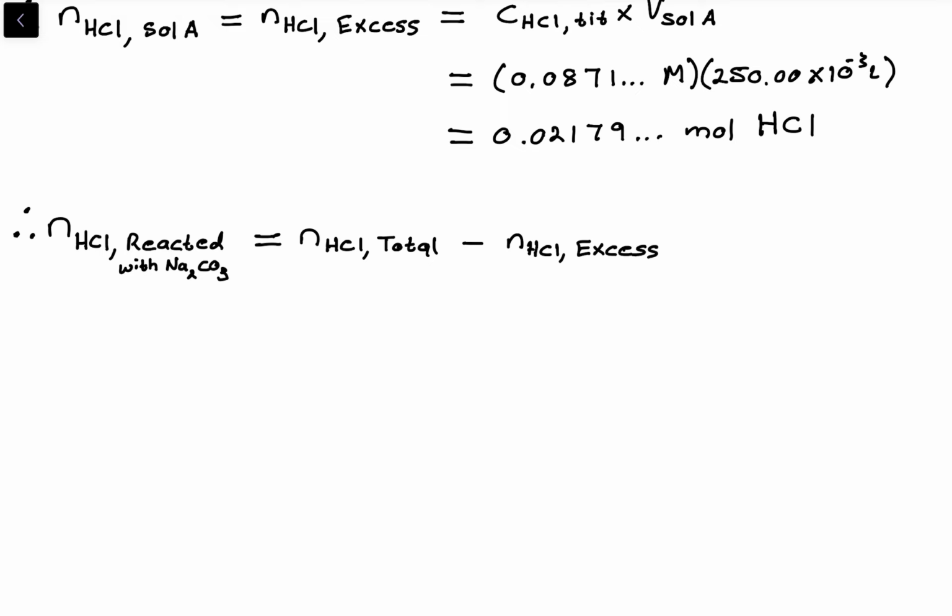Right, so meaning the amount that reacted plus the excess amount should give us the total amount. So hence, the amount reacted should be the total amount minus the excess amount that we measured.